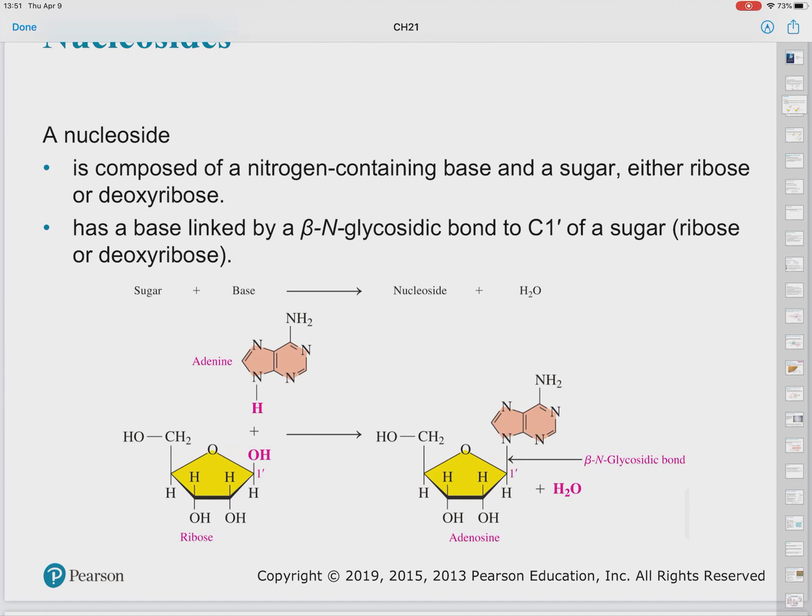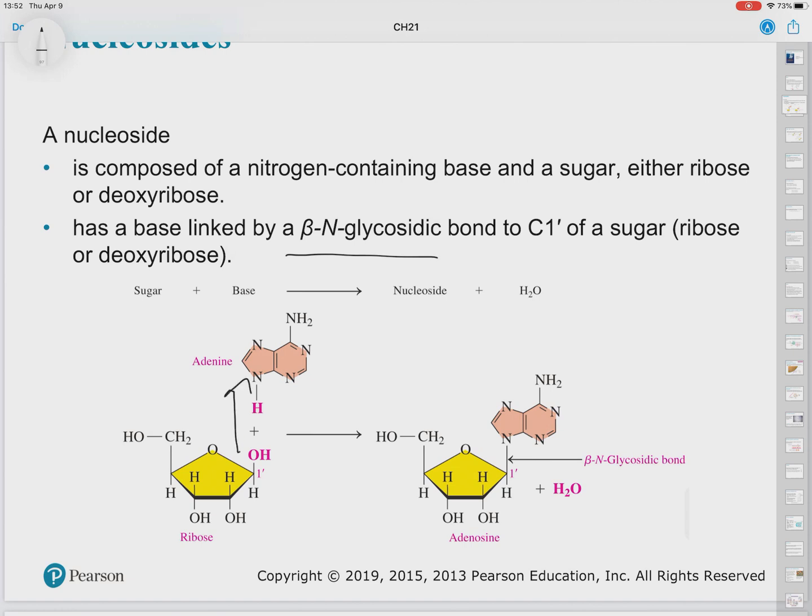Nucleosides are that first reaction, that initial nitrogenous base combining with the sugar. And we call that a beta-N glycosidic bond. We know that when sugars form, essentially when those hemiacetal sugars react, they form a glycosidic bond, so that's where this is coming from.